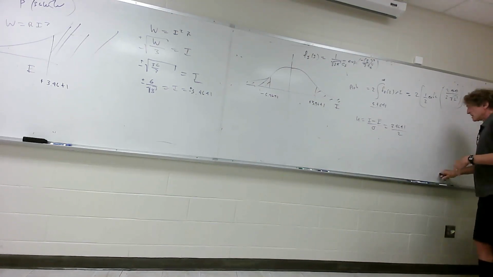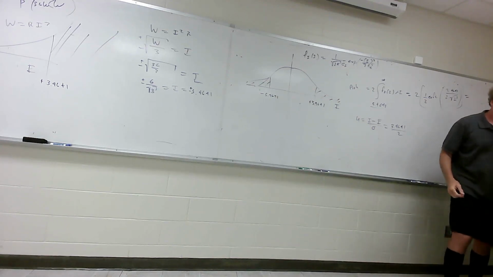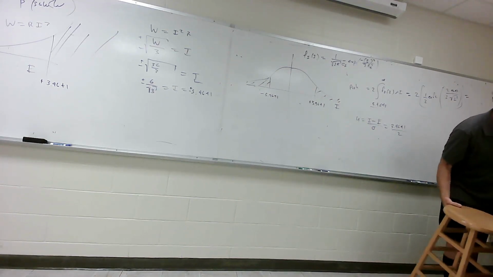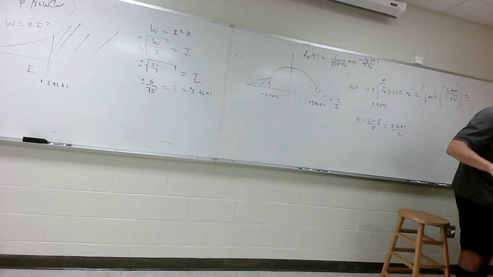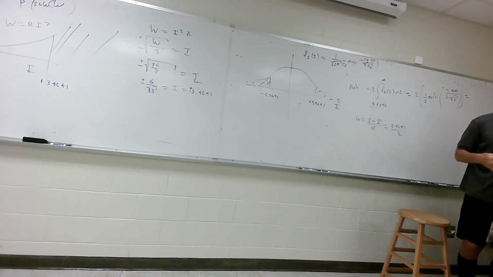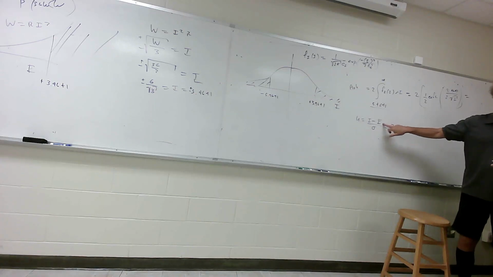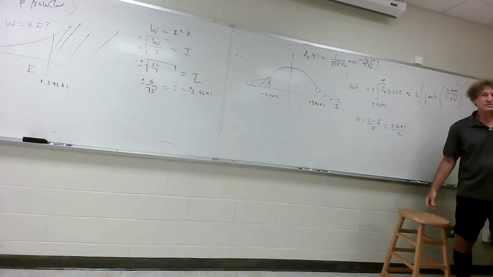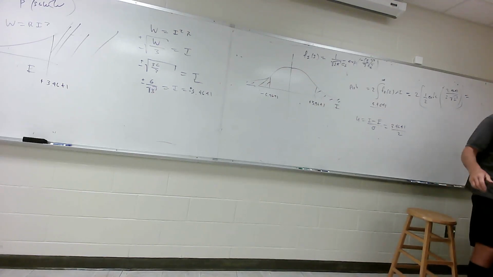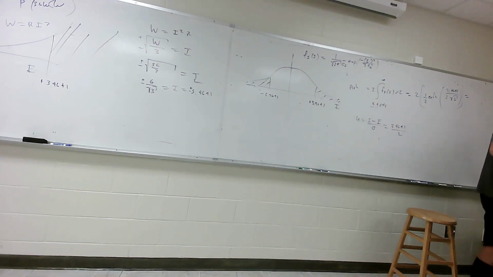So here's what I get. And I'm going to pull out my calculator and do this. I minus I bar is that number you found earlier, 3.46. Well, I bar is 0, right? Isn't that right, class? The average value of the current is 0, that's by definition. Hold on.